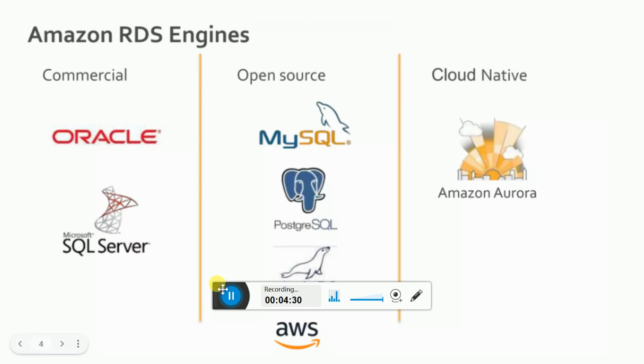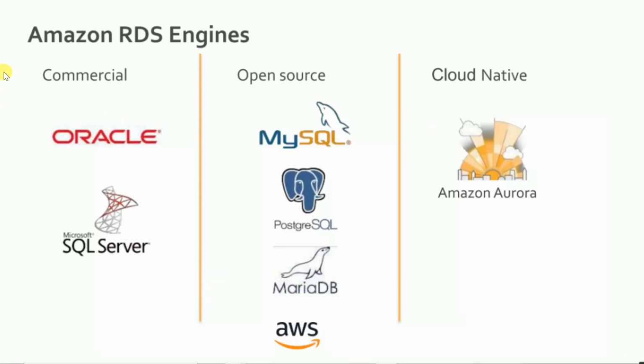So these are the RDS engines. Commercial has Oracle and Microsoft SQL. Open source has MySQL, Postgres, MariaDB. And Amazon Aurora is a product provided by Amazon, and it is compatible with MySQL and PostgreSQL.